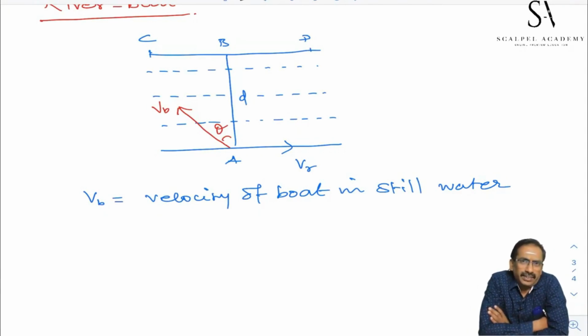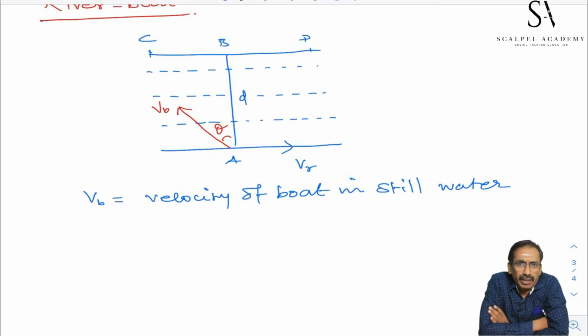This is the general case. After that, to move in the shortest path and to move in the shortest time, what are the conditions we can discuss? I hope, children, you are following me.